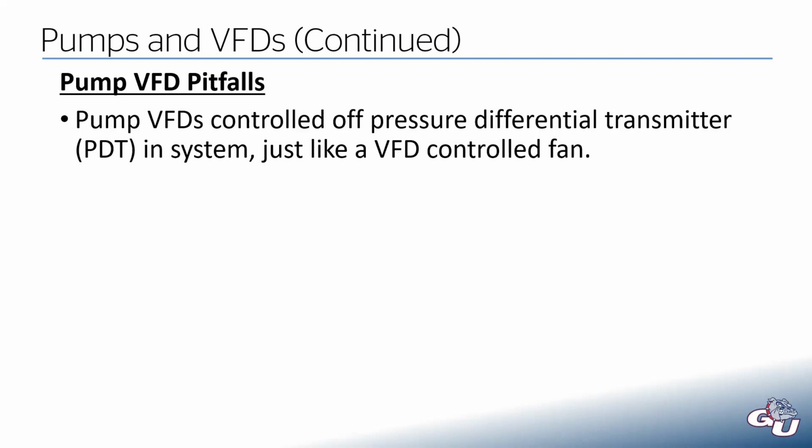And that increase in pressure will send a signal to the VFD to tell it to slow down, and vice versa. As boxes open up, that will decrease the pressure in the duct, and then that will send a signal to the VFD to speed it up.